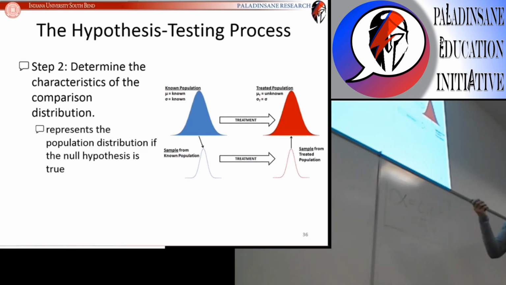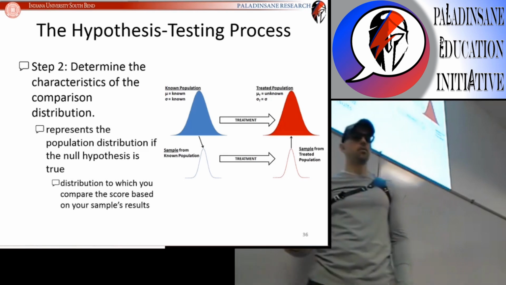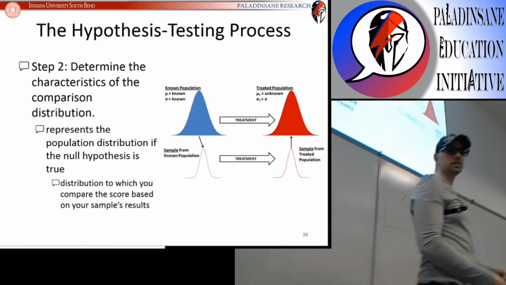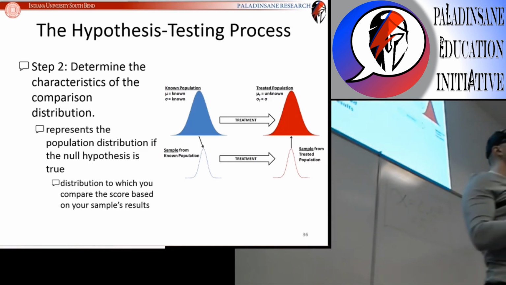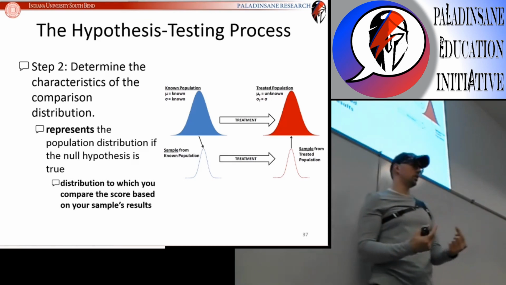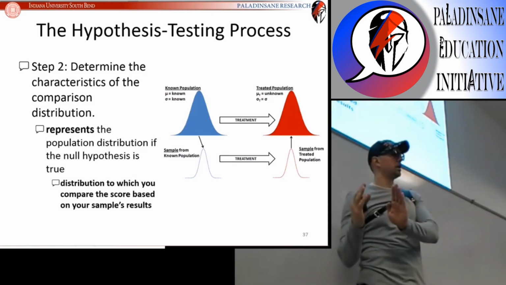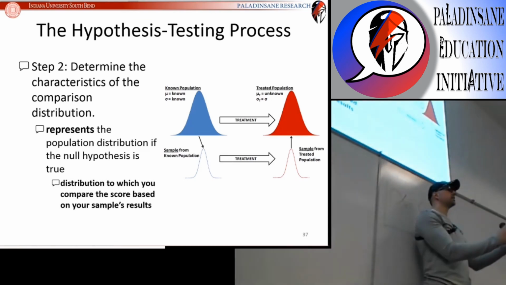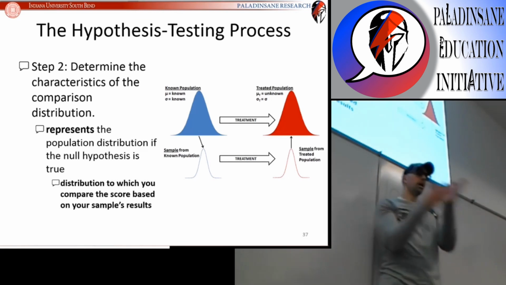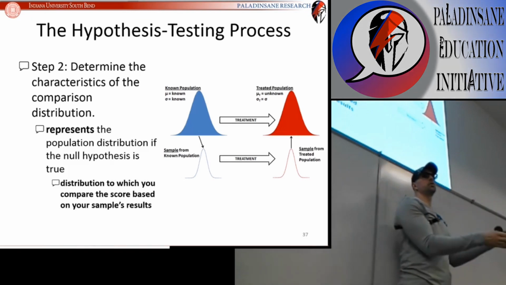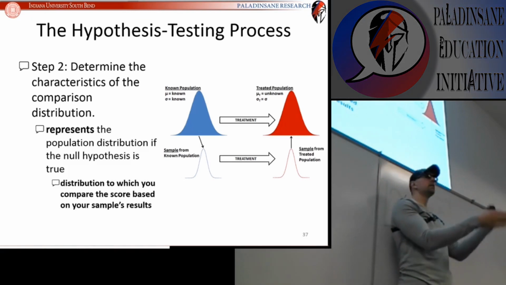So we need a comparison distribution that we can compare our sample to. And the comparison distribution is the distribution that stands in for your population. It's a distribution that you could compare your sample mean to, right? So we have our sample mean, and we want to compare it to a distribution of sample means.